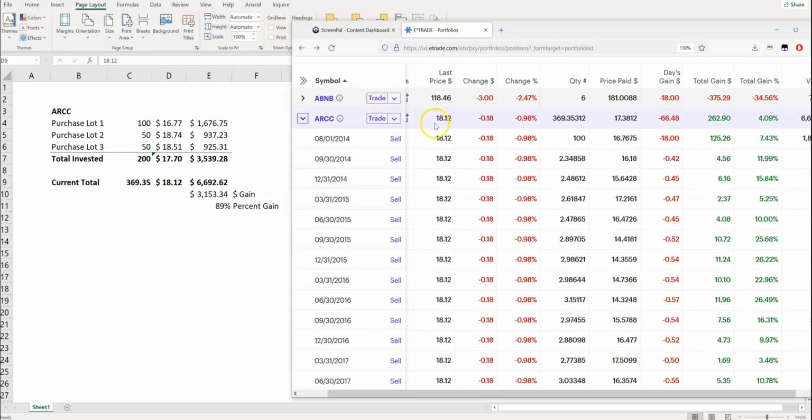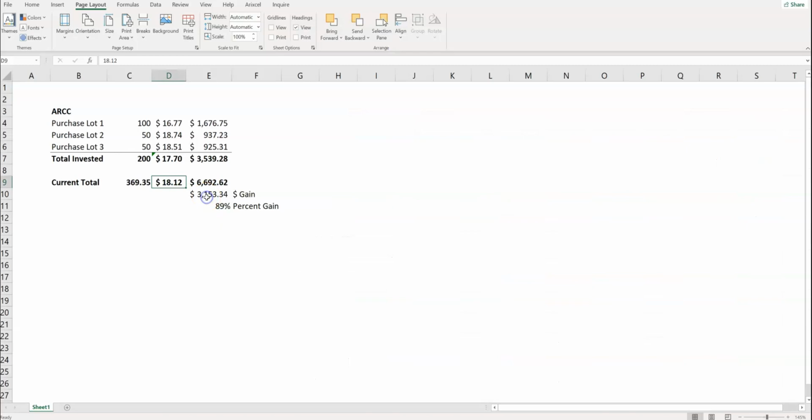The current price, or your last price, so this is your current day price of the asset, $18.12, multiply the two, and you get $6,692. So that gives you a gain of $3,153 and a percent gain of 89%.